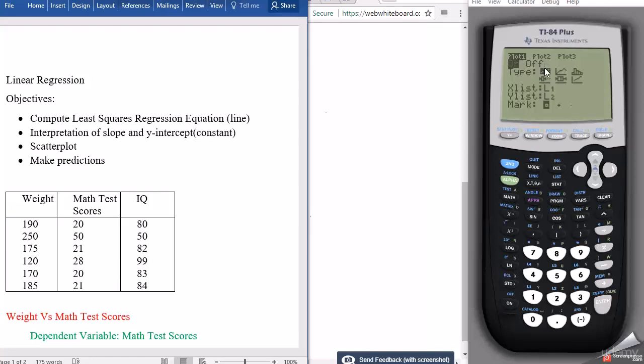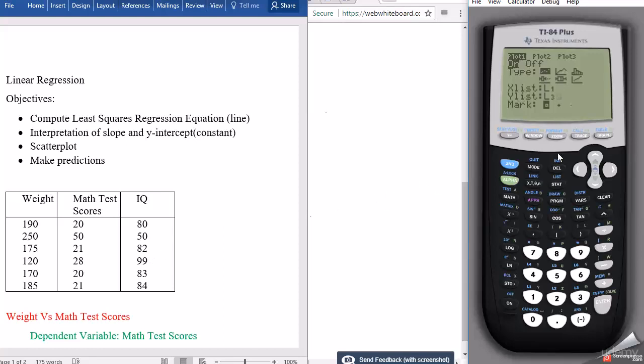So it's still a scatter plot. So I am going to go down to L1 and change Y list to L3, which is now going to be IQ. To do that, all you need to do is second 3. Once you do second 3, it changes to L3. So now I'm doing a scatter plot for weight and IQ.